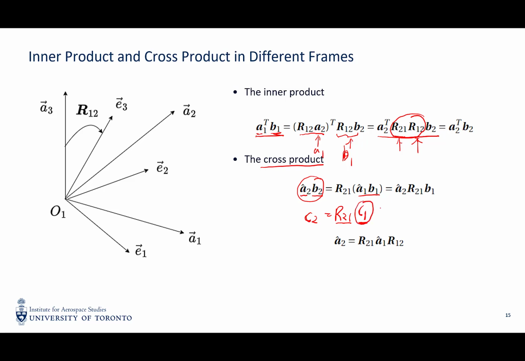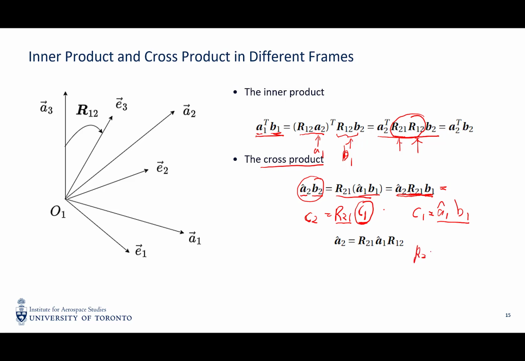And here, C1 is equal to A1 hat times B1. If we replace B2 with R21 times B1, then we can say these two expressions are the same.